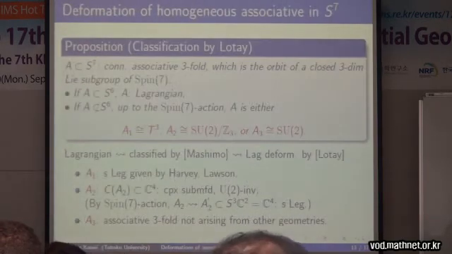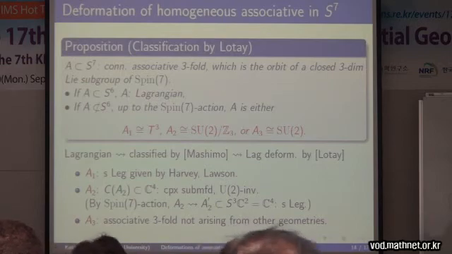Finally, by using these formulas, we explicitly study the deformation space of homogeneous associative submanifolds in S7. Homogeneous associative submanifolds in S7 are classified by Professor Lotay, and he obtained the following result. Let A in S7 be a connected associative threefold which is the orbit of a closed three-dimensional real subgroup of Spin 7.